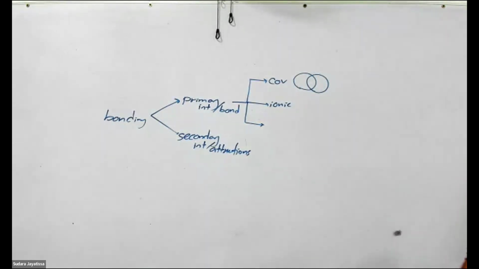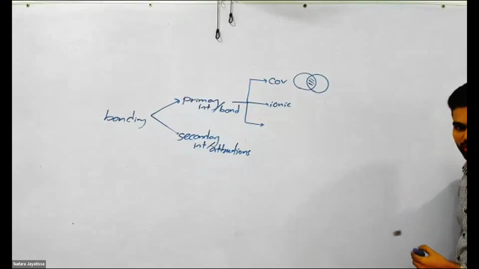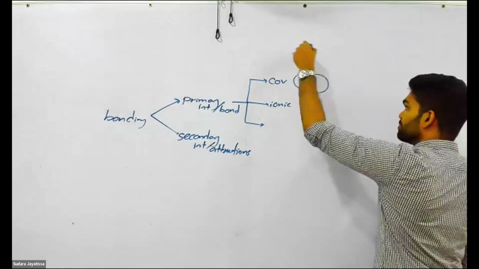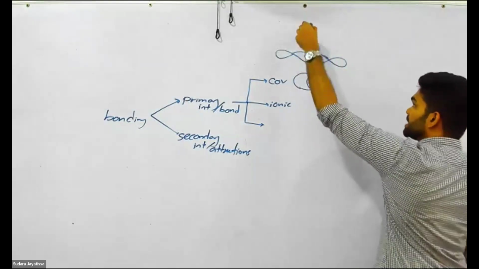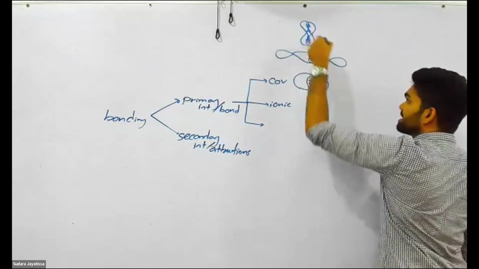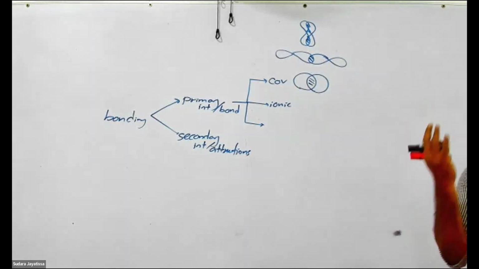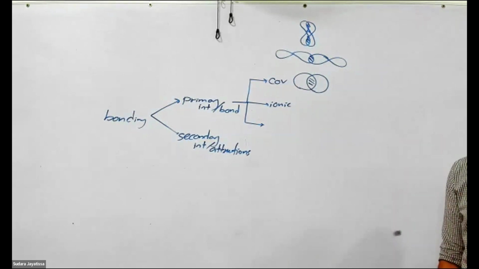Same thing, sharing of electrons. The technical word is overlapping of atomic orbitals because now we have different shapes of orbitals. They can overlap in this way, or they can overlap in that way. Everything will be discussed later on. Anyway, they overlap. Overlap means a bond, a strong bond, a covalent bond. Understood?